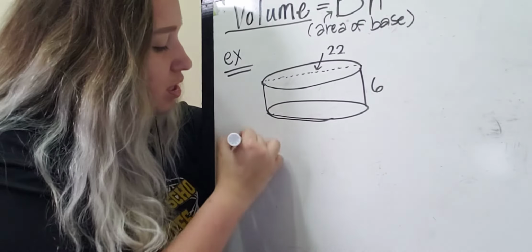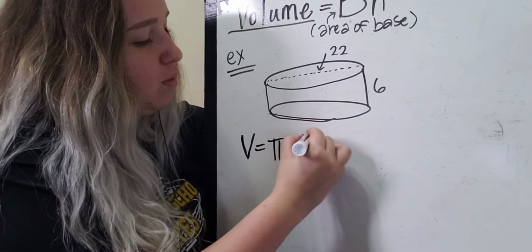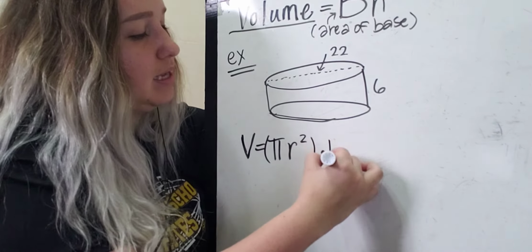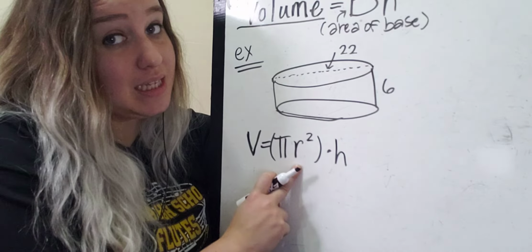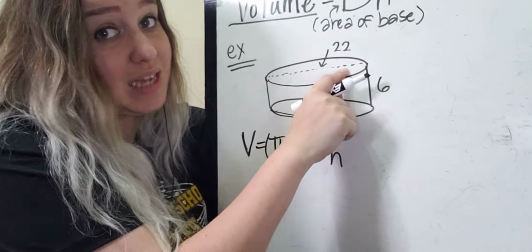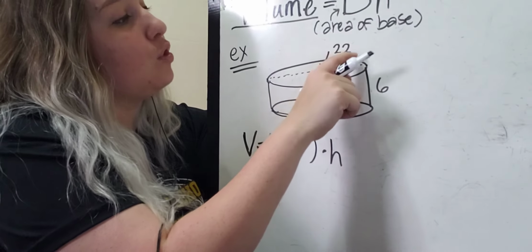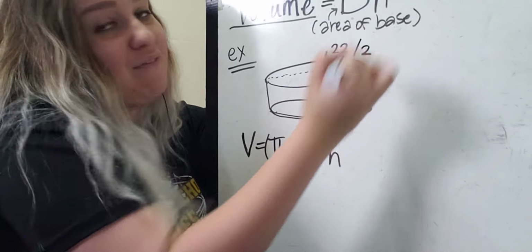But when we're going to do our volume formula, pi r squared height, they did not give us a radius. They gave us all the way across. That's a diameter. So before we can get our radius, we have to cut this in half.